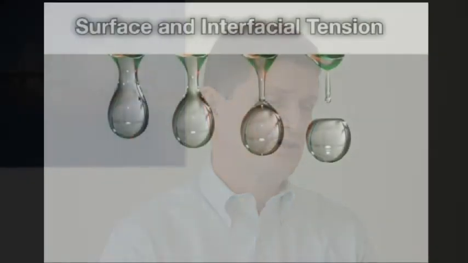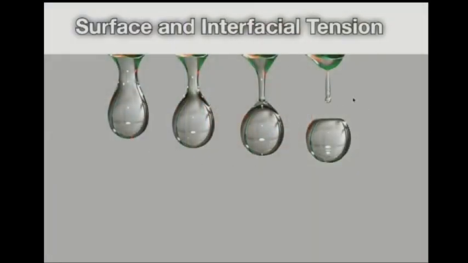So they tend to stay together. When it drips and separates, that's related to interfacial tension. Different fluids will have different shapes due to their viscosity, density, and properties, okay? So we see this picture here as it moves.